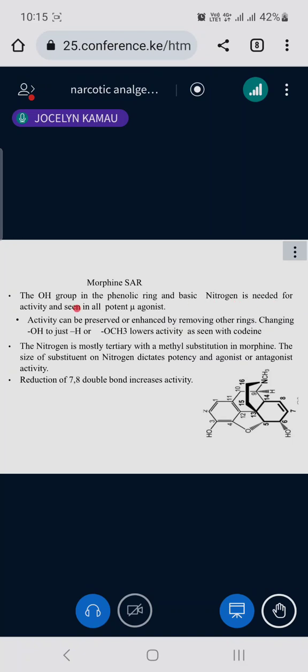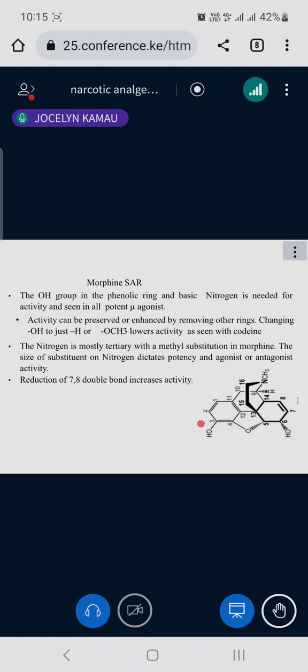This is just showing the chiral centers of morphine. By now, I do believe we understand chirality: any carbon that has 4 different substituents and does not have a double bond. Now we're looking at the SAR of morphine: the hydroxyl group in the phenolic ring. The basic nitrogen is needed for activity and is seen in all potent mu agonists.